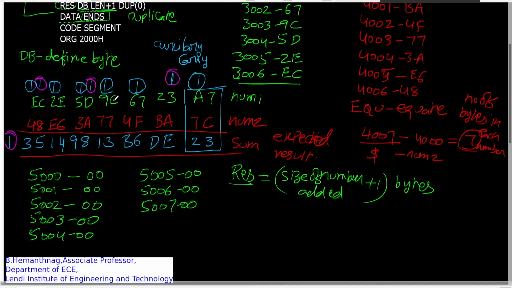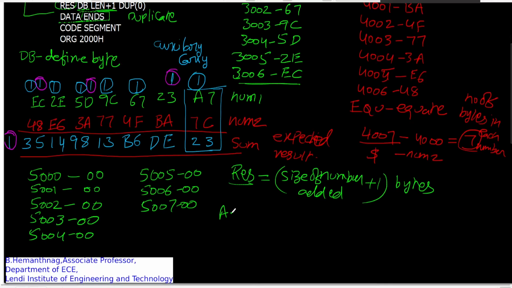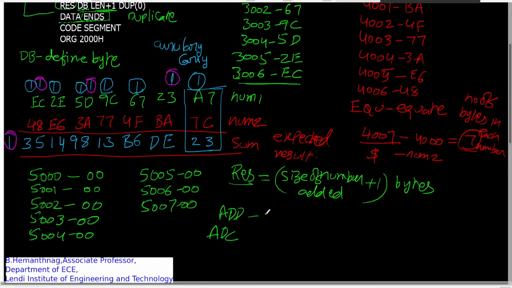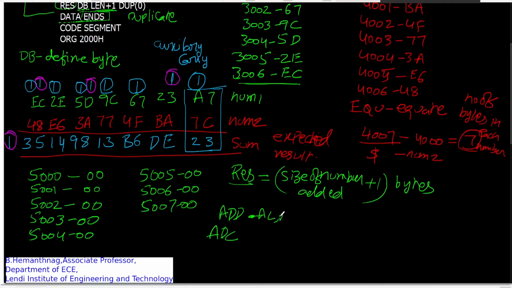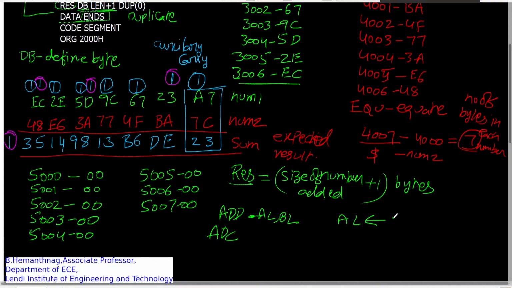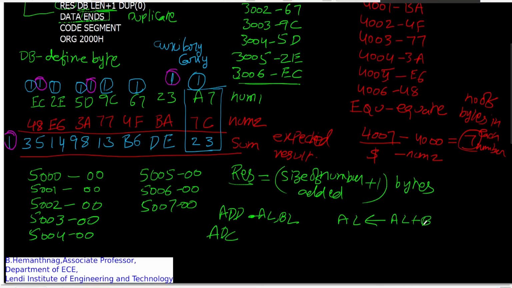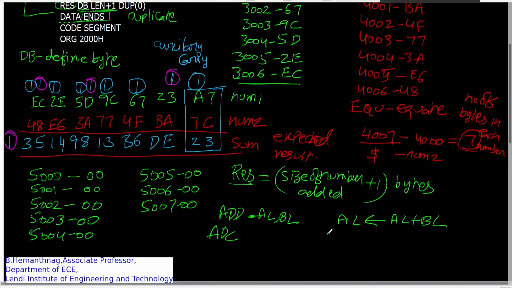But for the successive additions, we have some carry available from the previous addition. So what mnemonic of instruction should be used is to be decided. We have 2 instruction mnemonics, ADD and ADC. ADD is simple addition. If I take ADD AL, BL, it simply means AL is given the result of AL plus BL, a simple addition of the 2 values.